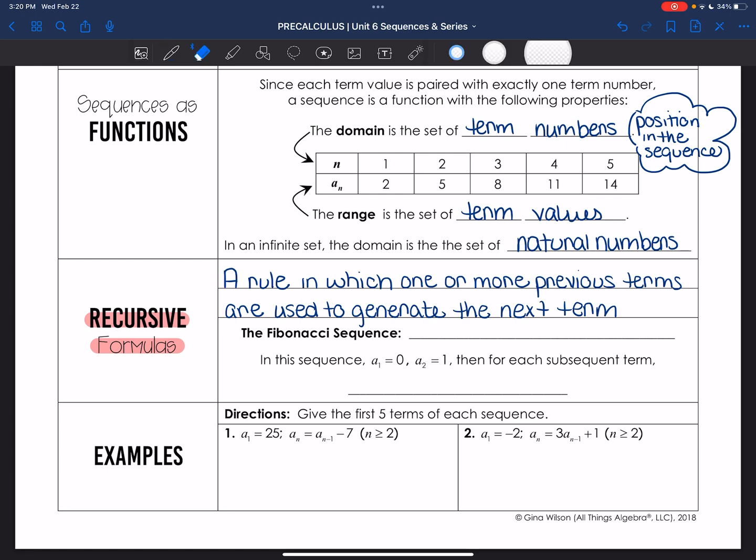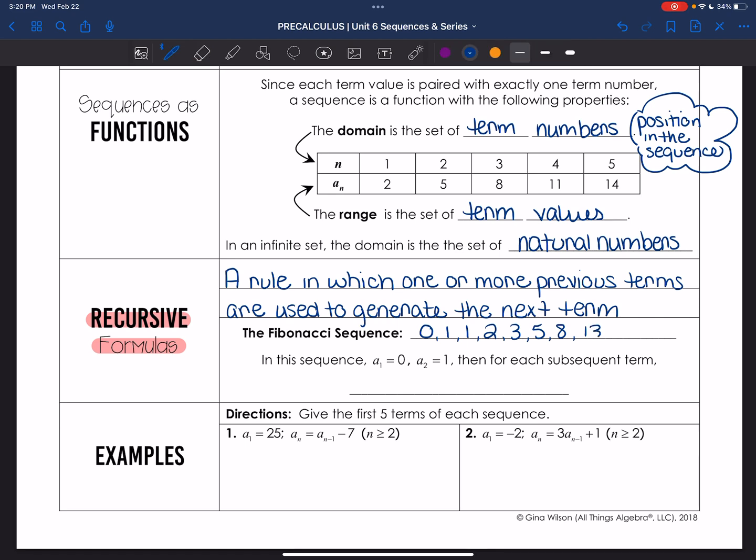It looks like this: 0, 1, 1, 2, 3, 5, 8, 13, and then 21, and then 34, and it is infinite, meaning it goes on forever. Those are the values of our terms in this sequence.